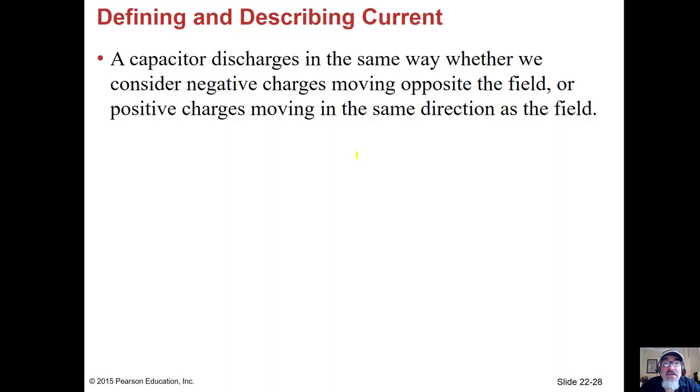Okay, defining and describing current. A capacitor discharges in the same way whether we consider negative charge moving opposite the field or positive charge moving in the same direction. In reality, it's electrons moving. But if you thought about it as positive charges going the other direction, you would get the same total amount of charge.